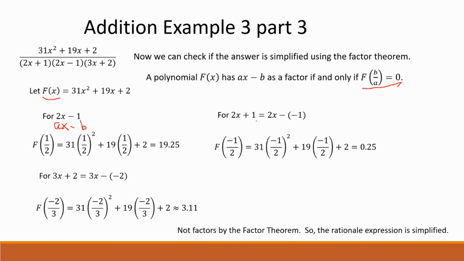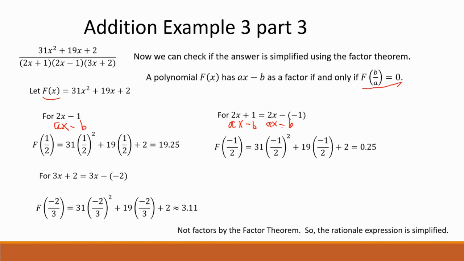For 2 times x plus 1, same idea. We have A times x, but remember, we want minus B. We don't have that yet. This is addition. Addition is not the same as subtraction. What we can do is write the top as A times x minus B, but we write it as 2x minus a negative 1.